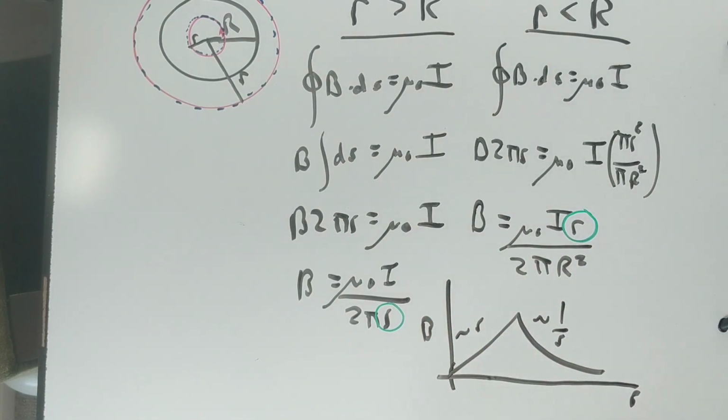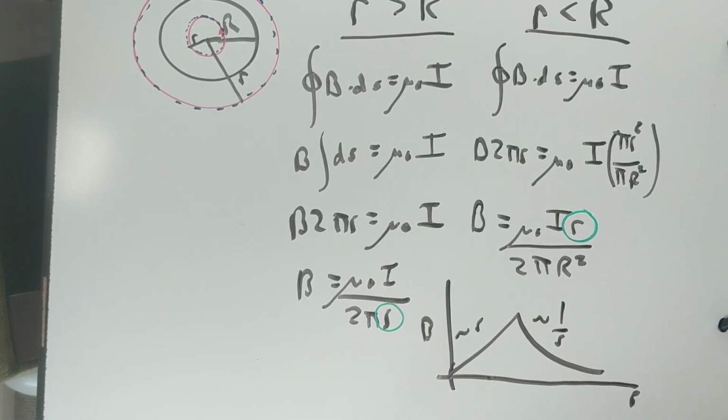So again, notice the similarity of what's happening for Gauss's law, and most students who did well with Gauss's law do very well with Ampere's law because they already know many of the major concepts. That you only include the current that's inside, just like you only include the charge that was inside with Gauss's law.